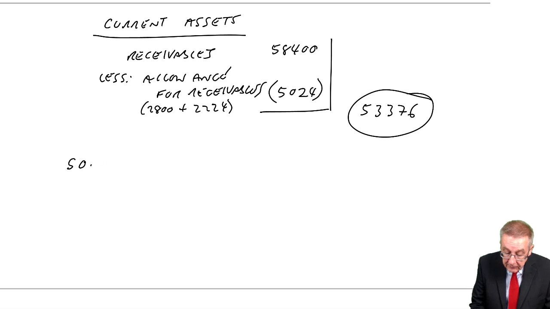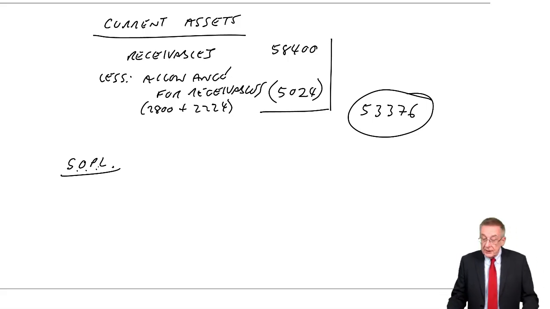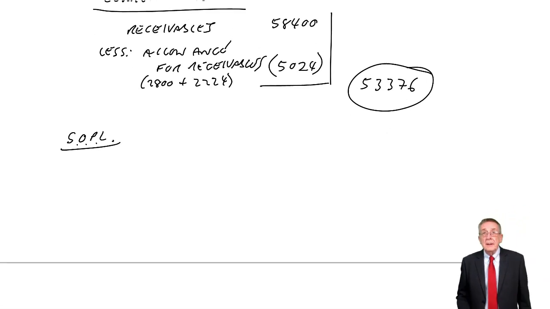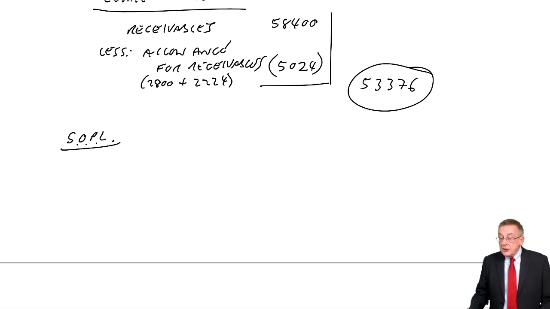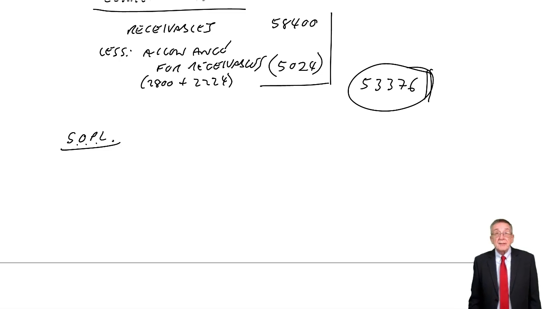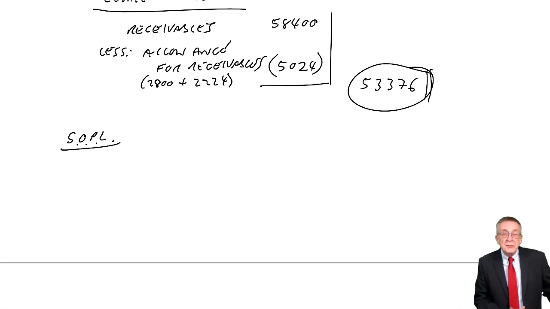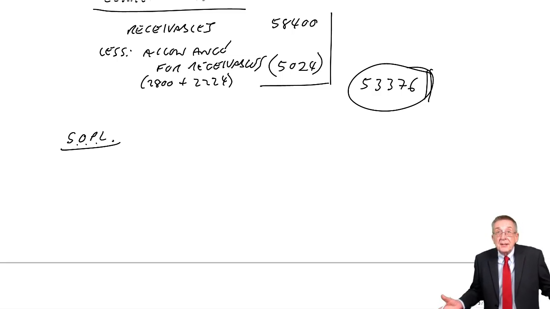Finally, on the statement of profit or loss. Well, there is a cost of doing this, because remember, when I arrived as accountant, receivables were 62,500. And we've ended up showing a much lower total of 53,376. And why? Because we removed some irrecoverables. It's costing us money to do that.